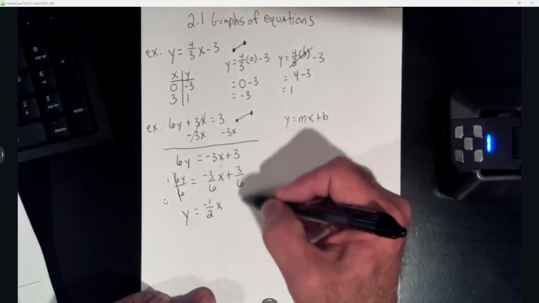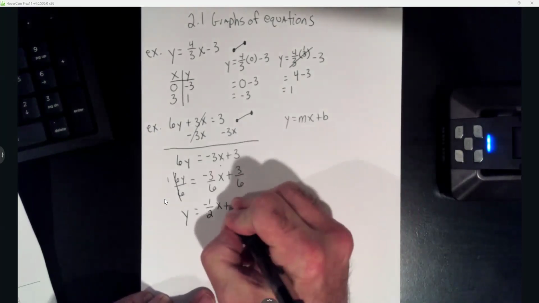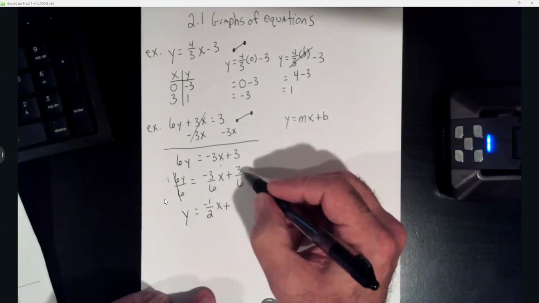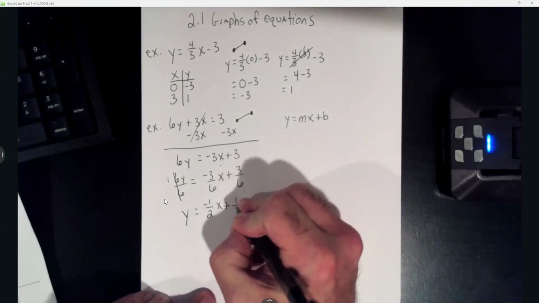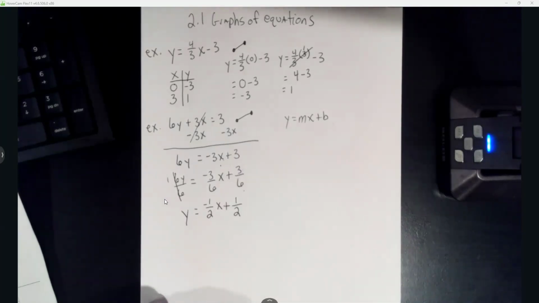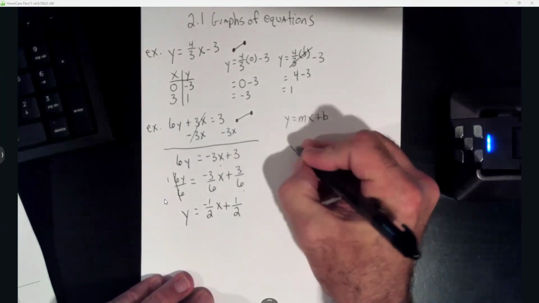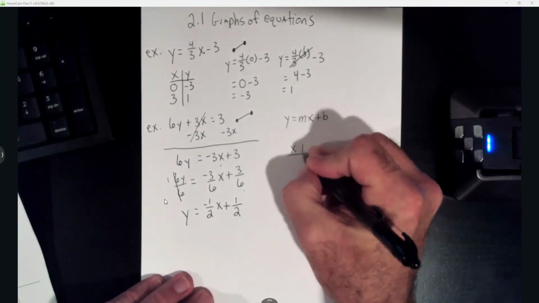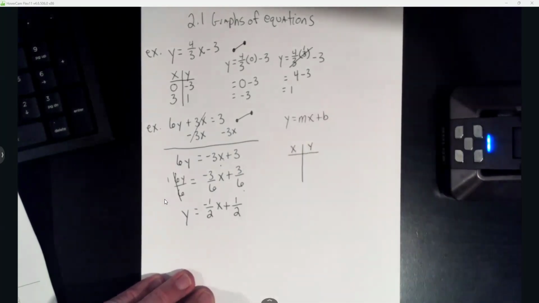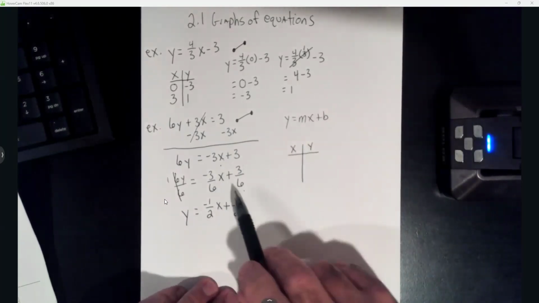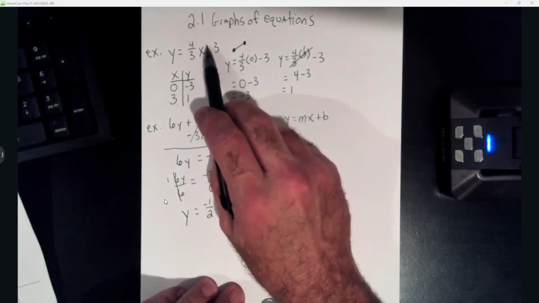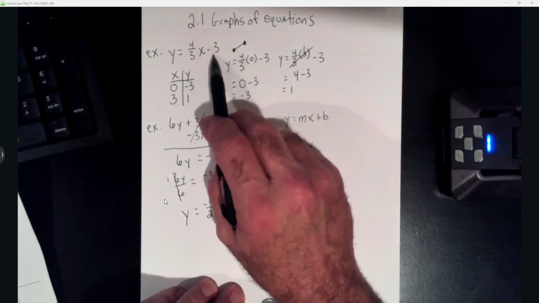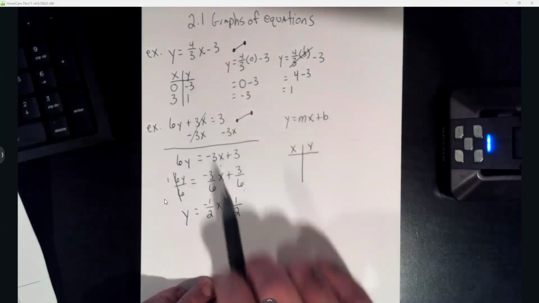And then y'all look here, I got a plus 3x, 3 over 6. Well, same fraction, that's going to reduce to a 1/2. So now I can pick some X and Y's. Now this one, y'all, ain't as simple as this one because up here I could cancel the fractions and I had a whole number and a whole number.